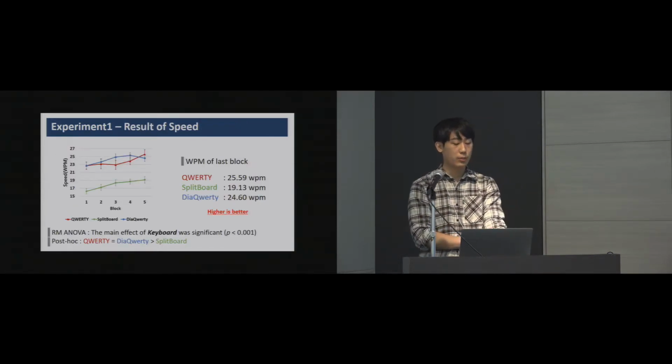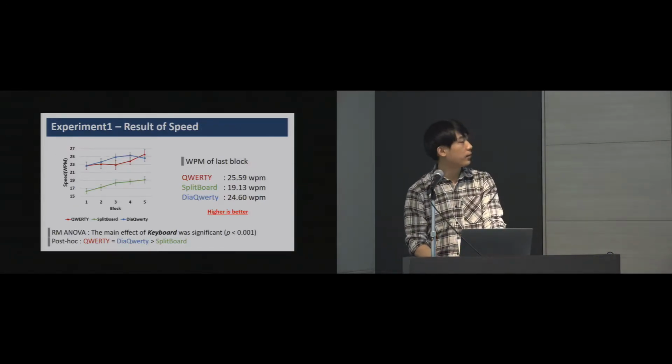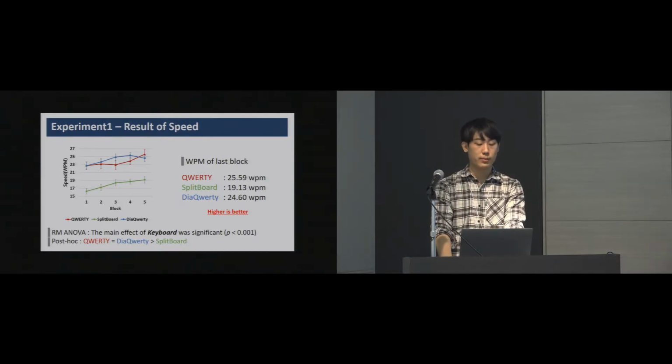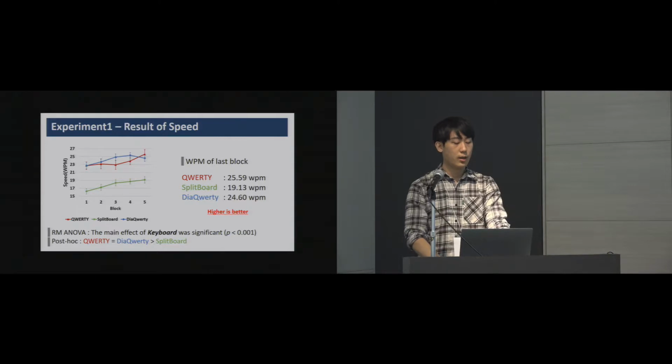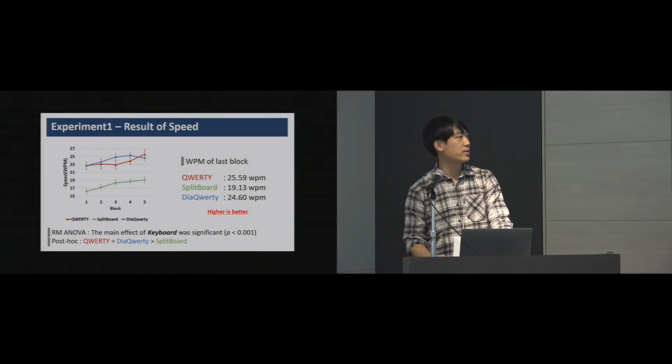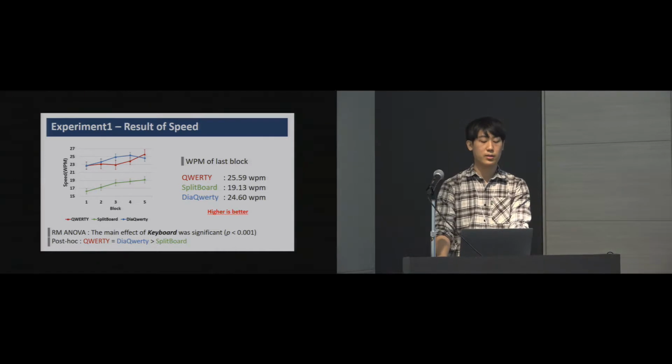This is our result of experiment 1. In the final block, QWERTY, SplitBoard, and DiaQwerty reached about 26 WPM, 19 WPM, and 25 WPM respectively. Compared to previous studies, the speed of QWERTY was very fast, and the speed of SplitBoard was slightly faster than in previous studies.